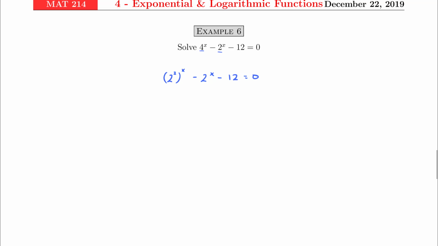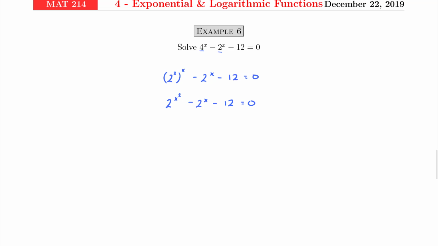So with this first term, it's 2 squared times itself x number of times. Or we can actually write this as 2 to the x squared minus 2 to the x minus 12 equals 0. So we can interchange those.